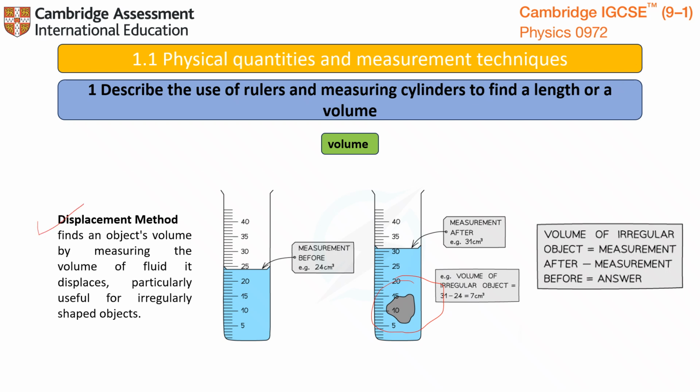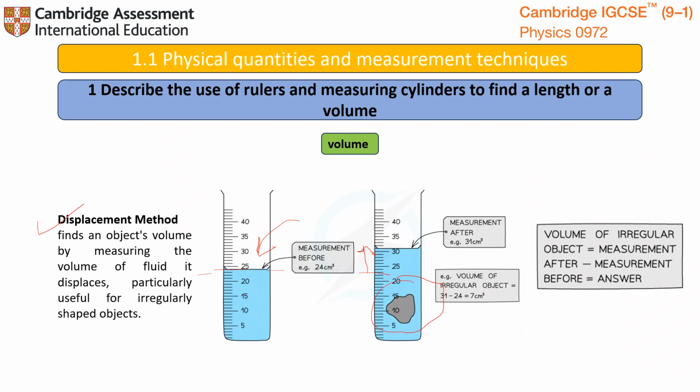In the displacement method, we find the object's volume by measuring the volume of fluid it displaces. In this measuring cylinder, we have water filled up to a certain level. Initially, it is at a level of 24 centimeter cube or 24 ml. And when the rock or the irregular shaped object is put into this water, it displaces the water by a certain amount.